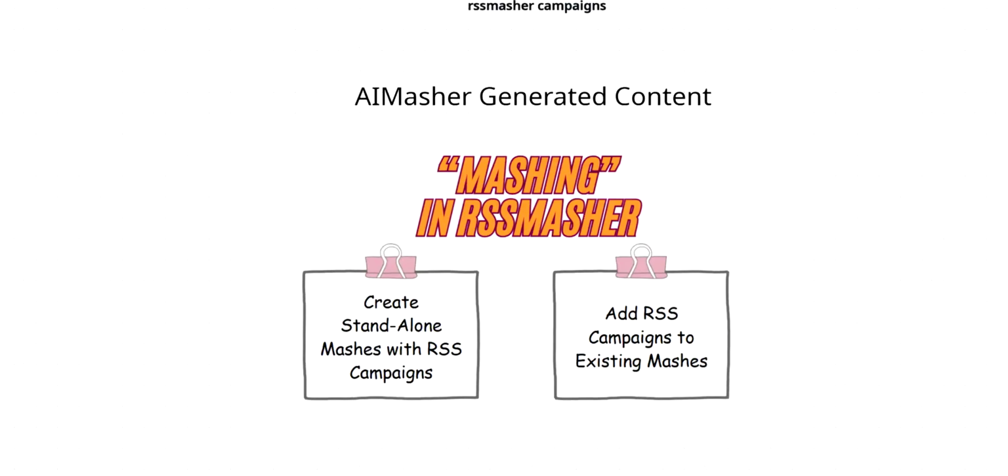So if you've got a dozen mashes going into one single website, and you say, I just want to add an RSS campaign to a mash, very easy. Where website feeds are, there's another tab where you can put AIMasher, and that's what the RSS campaigns are for. Once I show you, I think it's going to make a little bit more sense.